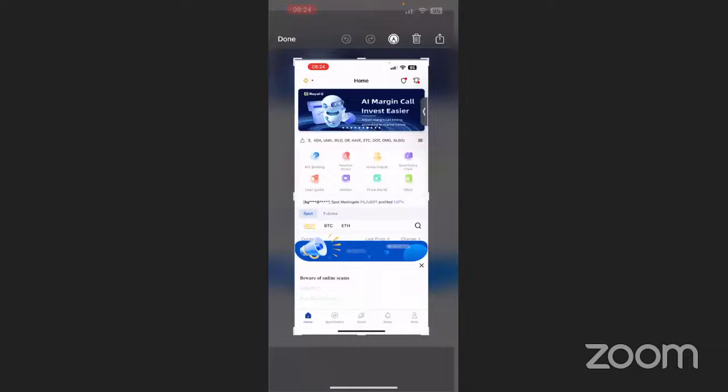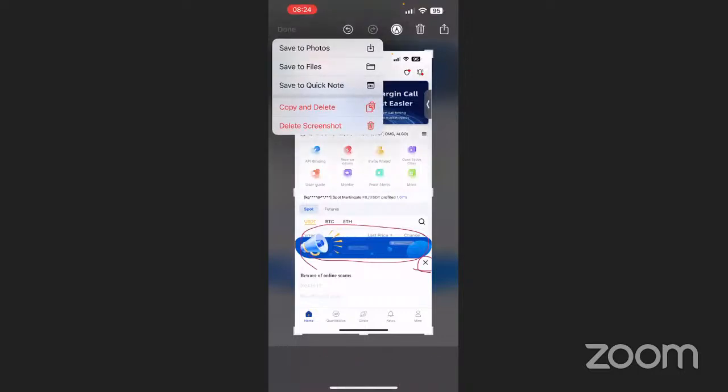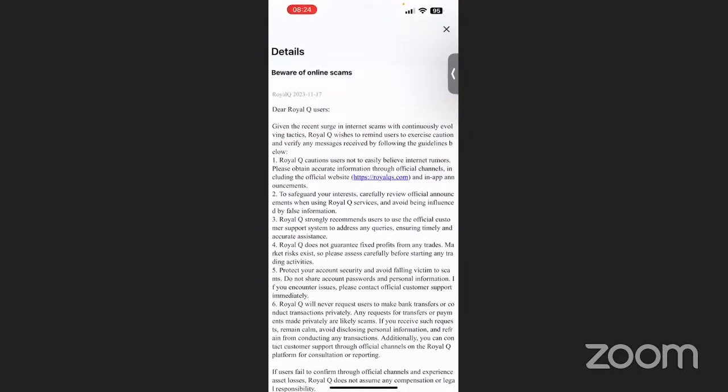Okay, if you get a page like this, just tap on the X button to close it, because this is an announcement. But if you haven't read the announcement, just scroll it up and read whatever information is there. Okay, I believe in us getting abreast with information, so that we know what is happening or what is going on.